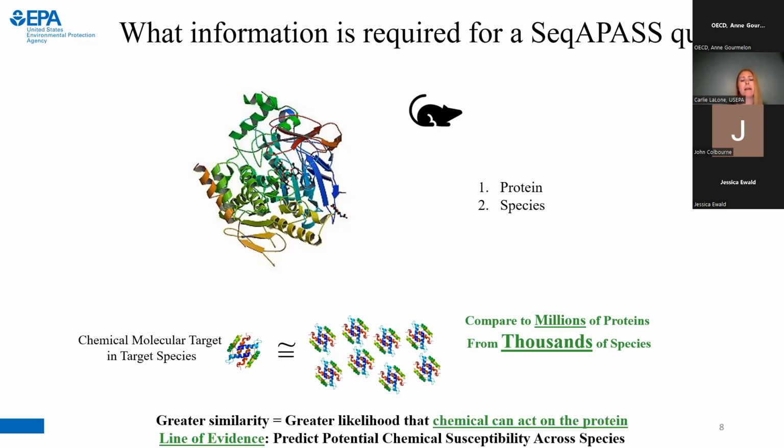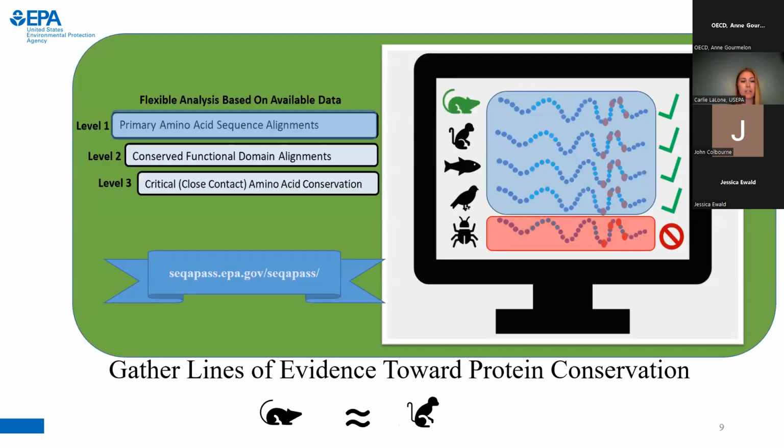And what we assume then is that the greater the similarity between those proteins, the greater likelihood that the chemical could then interact in the other species. So what this does is it gives us a line of evidence for conservation of a particular target if we're thinking about it in the context of an adverse outcome pathway, or it gives us, again, the evidence for predicting potential chemical susceptibility across species, looking at conservation.